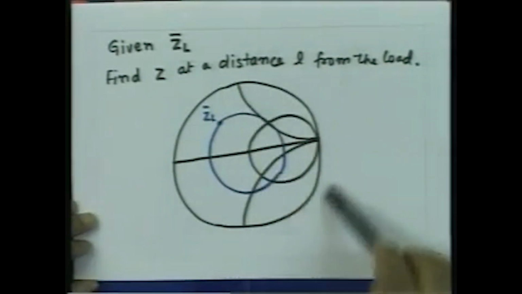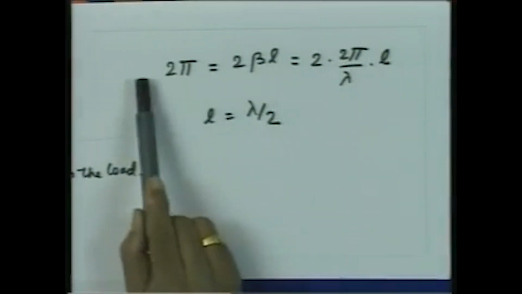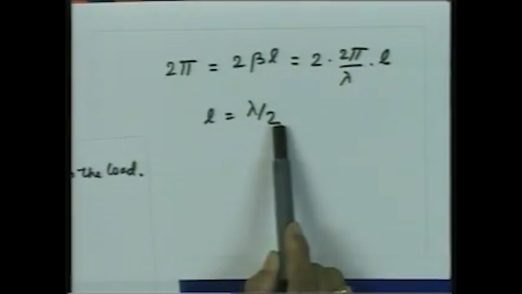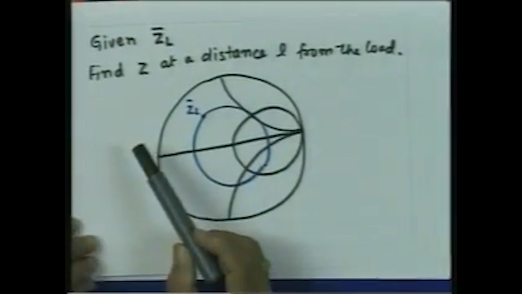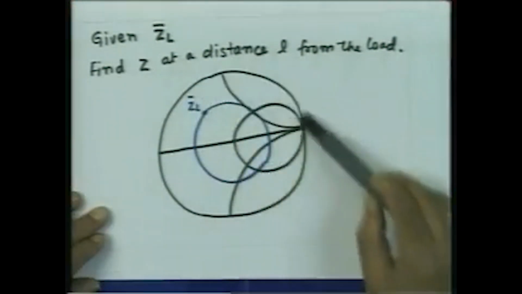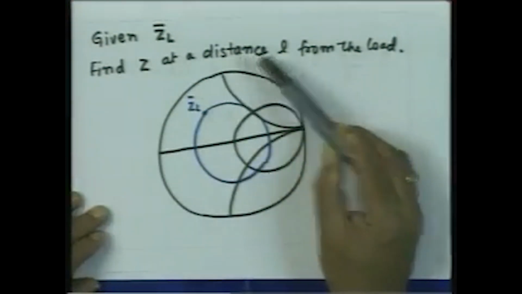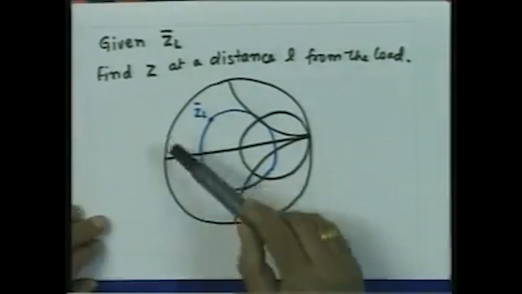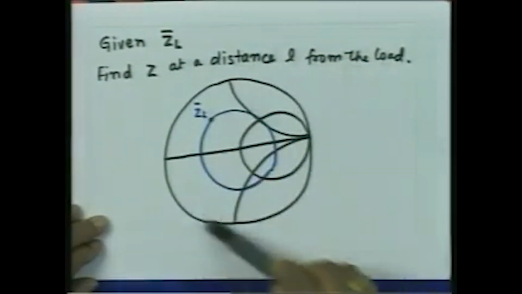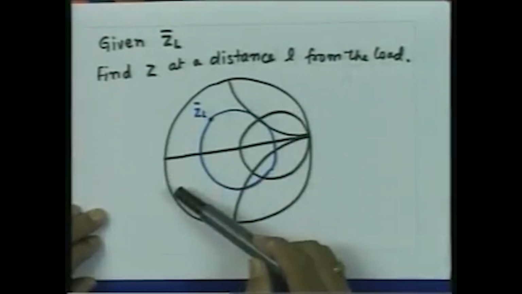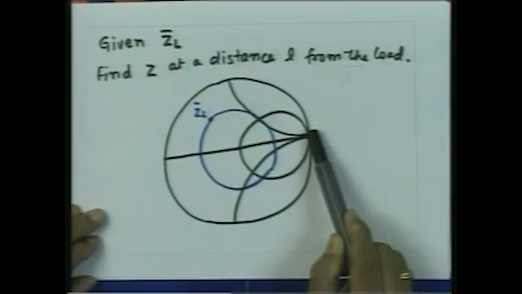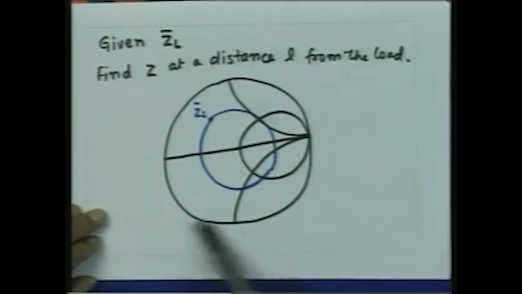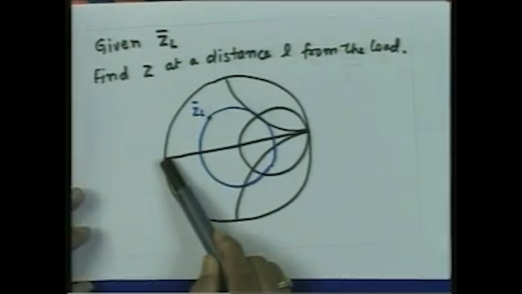So, the angles here, which are the load angle minus 2βL, can now be calibrated directly in terms of the wavelength. Generally, we have the outer circle of the Smith chart marked with the wavelengths, with a calibration that one full rotation on the Smith chart is equal to λ/2. So, the distance from this point to this point is λ/4, and from this point to this point is λ/4.